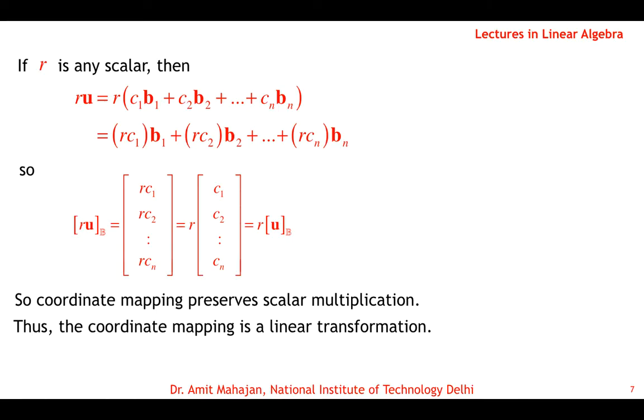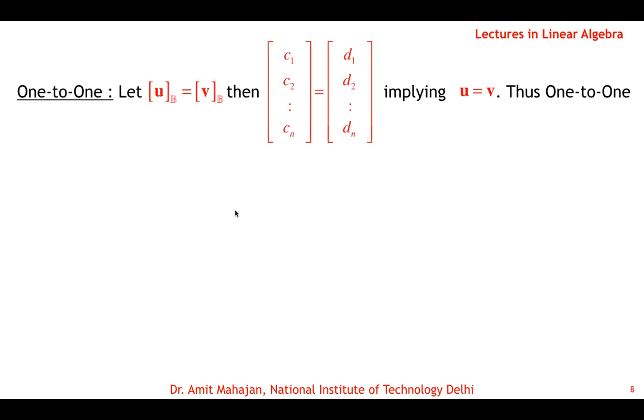Okay, so if two vectors in the domain are going to the same vector in the codomain, then the domain vectors must be same. Okay, so if I start with the codomain and if I say that two vectors in the codomain, if I put them equal, okay, then their corresponding domain vectors must be same. Okay, so that's how we are going to prove 1 to 1.